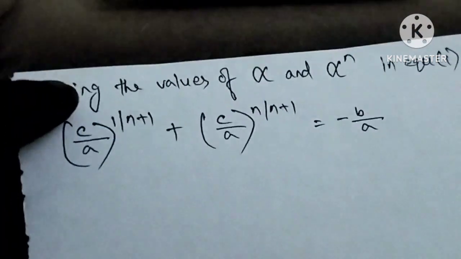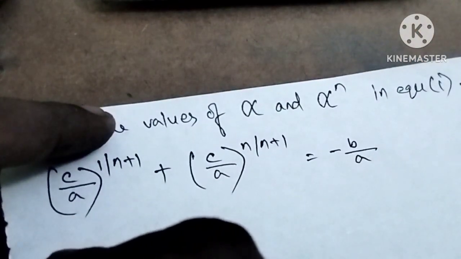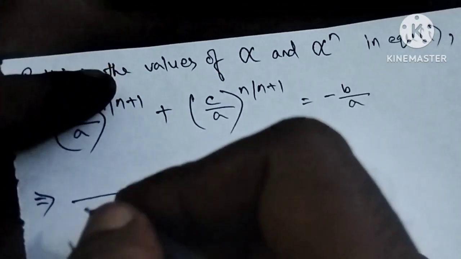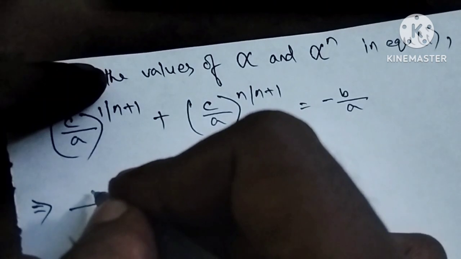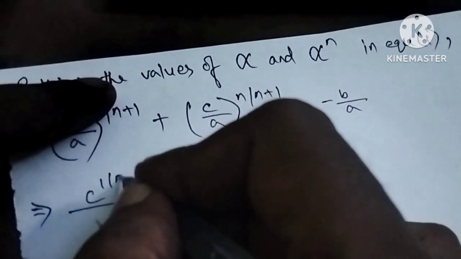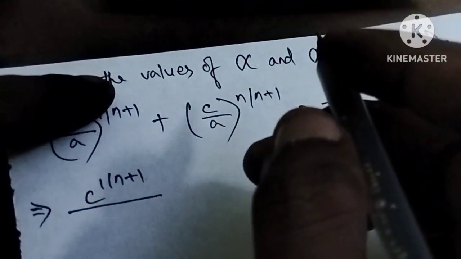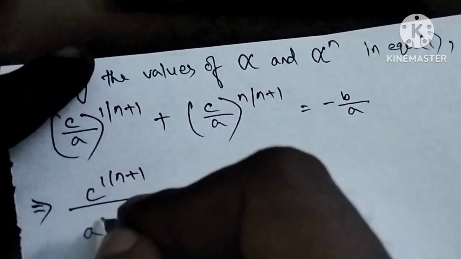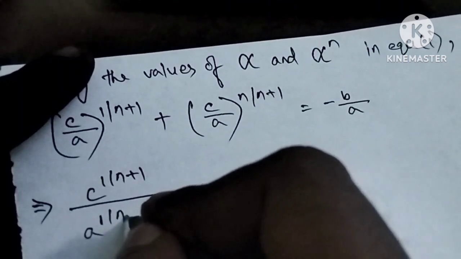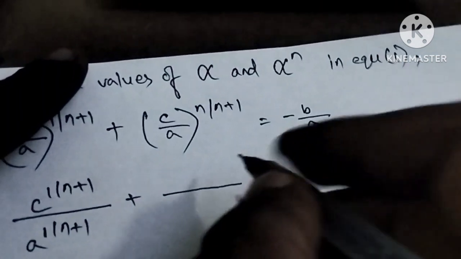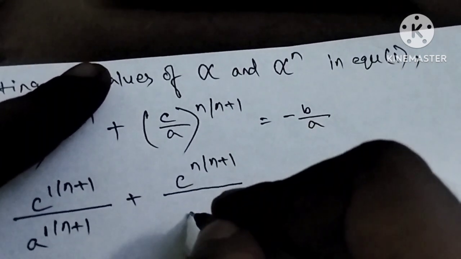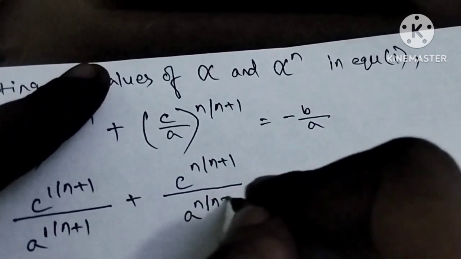So now what will I do? This can be written as c to the power 1 by n plus 1 by a to the power 1 by n plus 1, plus c to the power n by n plus 1 by a to the power n by n plus 1.